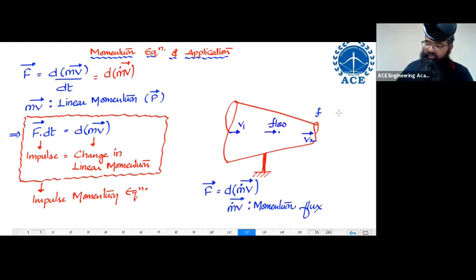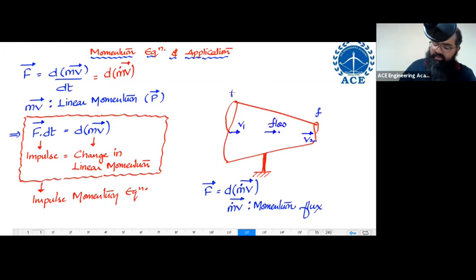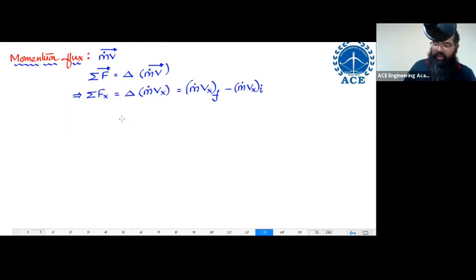This, let us say, is my final section. What do I mean by initial section? This, let us say, is my initial section over here. This is how I'm going to write the equation of force. Likewise, for any axis, let us say sigma Fy, if you write, then sigma Fy has to be equal to delta m dot into velocity in y.